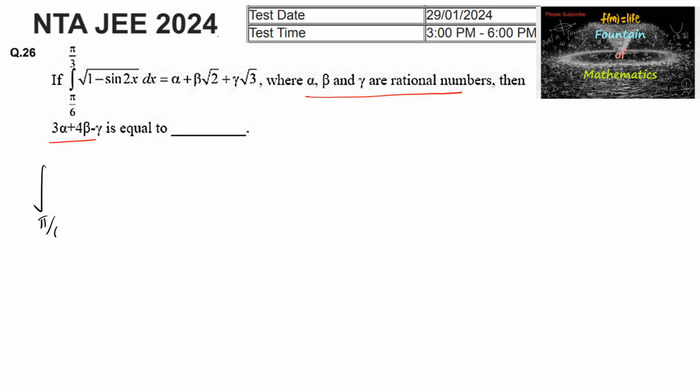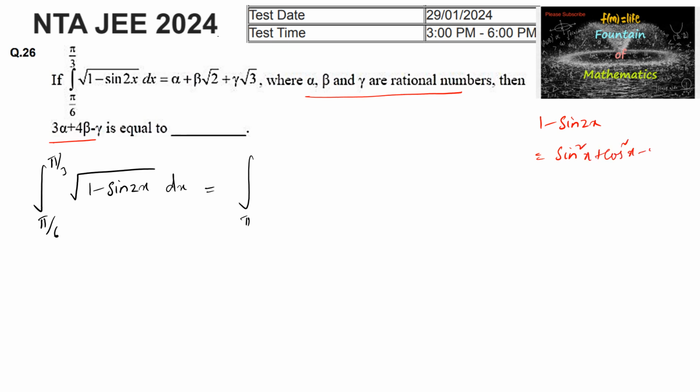The integral from pi by 6 to pi by 3 of under root of 1 minus sine 2x dx can be written as, and we know that, let us simplify here, 1 minus sine 2x is equal to, we can write it as sine square x plus cos square x minus 2 sin x cos x. So that is (sin x minus cos x) whole square, or (cos x minus sin x) whole square we can write.